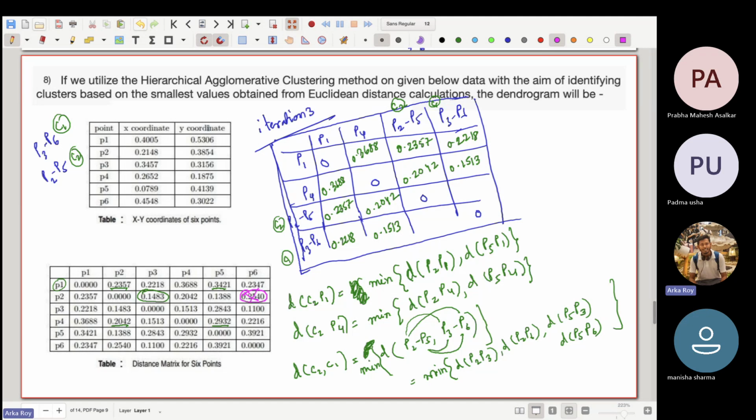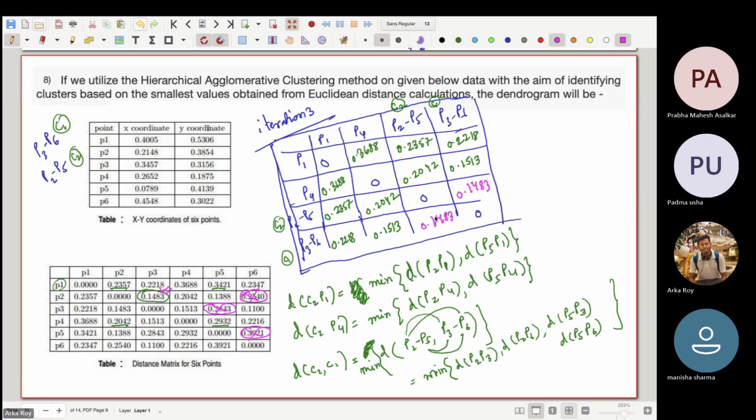Anyway, ये नहीं आएगा because 0.2540 is a higher value than 0.1483. Then we have P5 से लेके P3, that is 0.2843. Again, this is a high value. You can discard this. And P5 से P6, again 0.3921. This is also a high value. So therefore, among all these cases, we can see that 0.1483 is the lowest one. So I can easily write 0.1483.